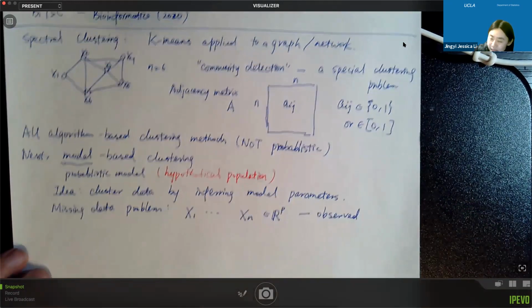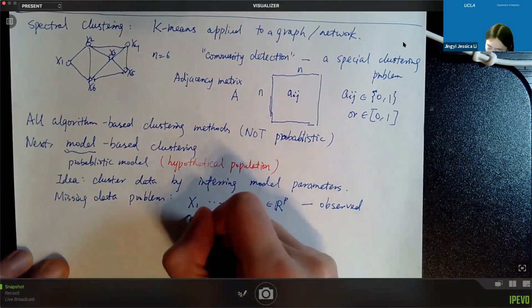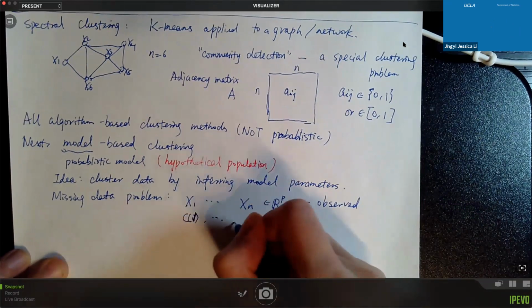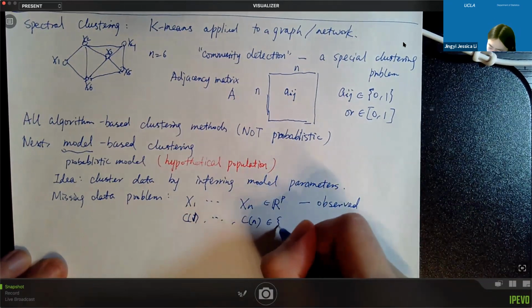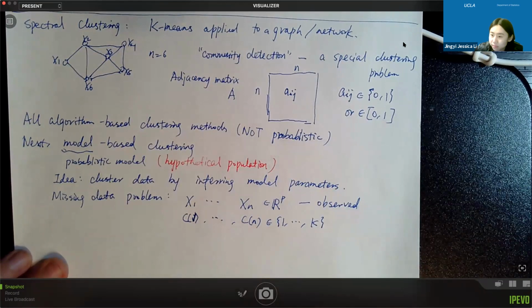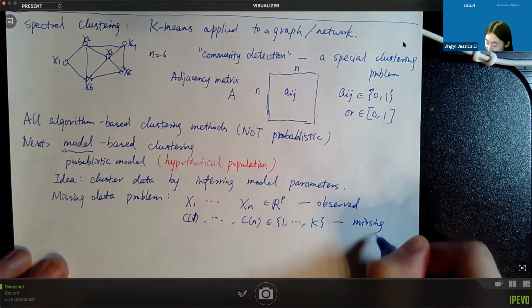But what's missing here is the cluster membership. By our notation, C1 to Cn, and each of those should be picked from 1 to k. This is the cluster membership, but this is missing or hidden.